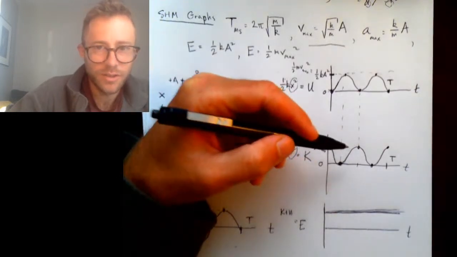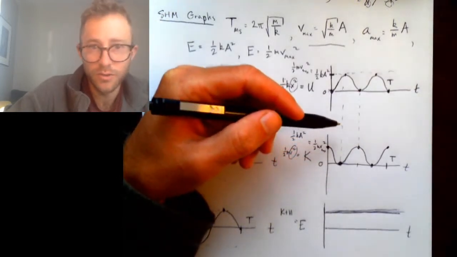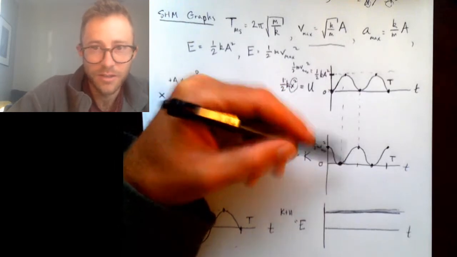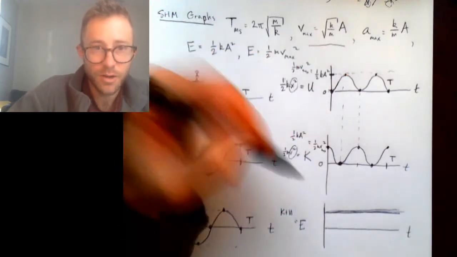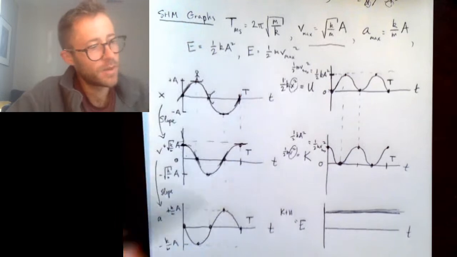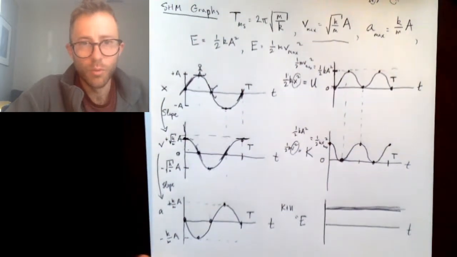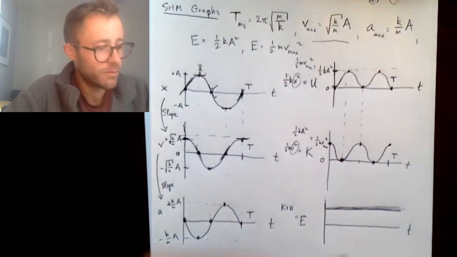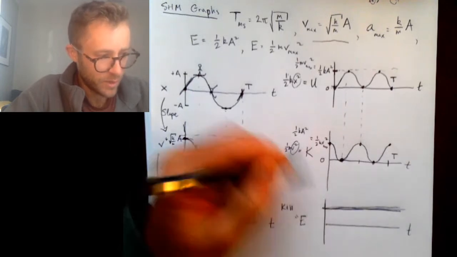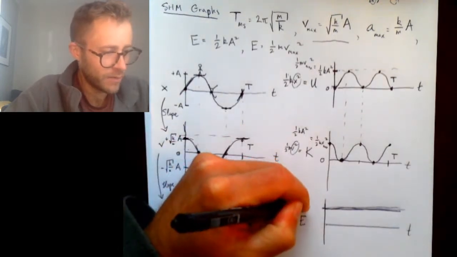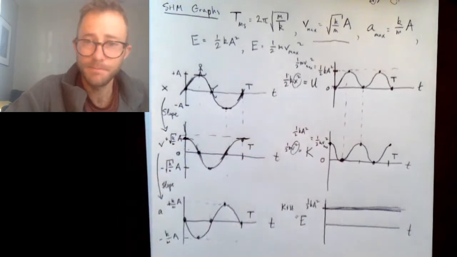So what you can see is that when one goes up, the other one goes down, so that they always add to a constant. All right? What is the value of that constant? Well, the value is just going to be the total amount of energy. So it's just 1/2 Ka squared. All right?